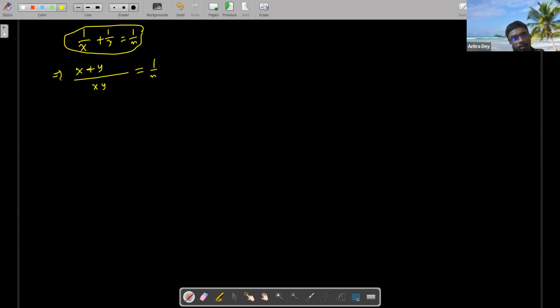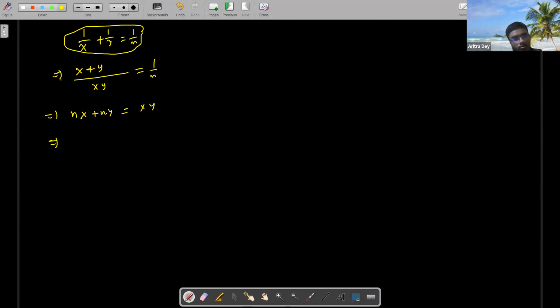If we have 1 by x plus 1 by y equal to 1 by n, I think everyone knows how to solve it. Just take the LCM and multiply it. So it is x plus y over xy, equal to 1 by n. That means it is just nx plus ny equal to xy.